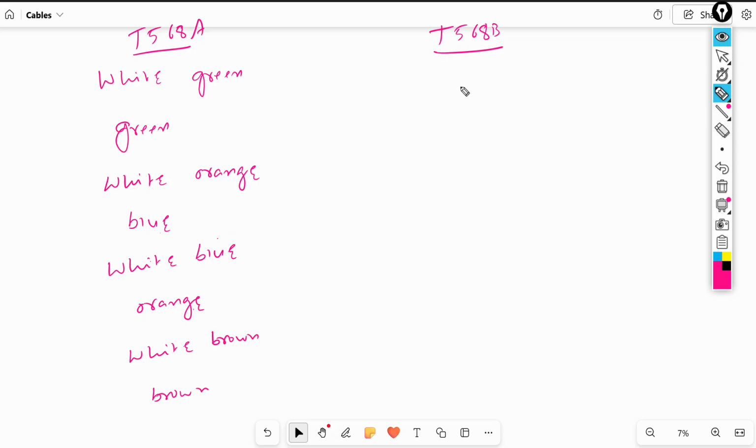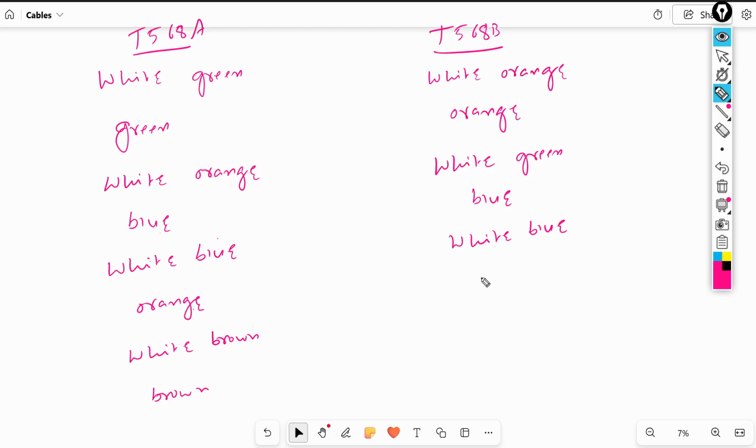In 568B, the color order is: the first is white orange, second one is orange, the third one is white green, fourth one blue, fifth one white blue, and sixth one green, seventh is white brown and brown.